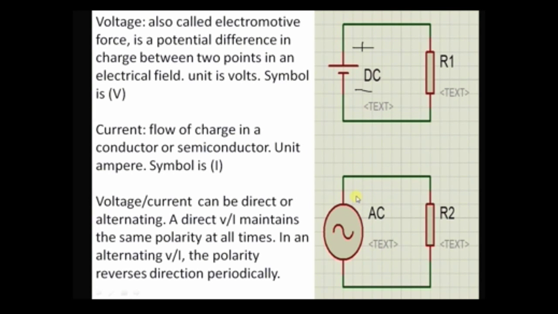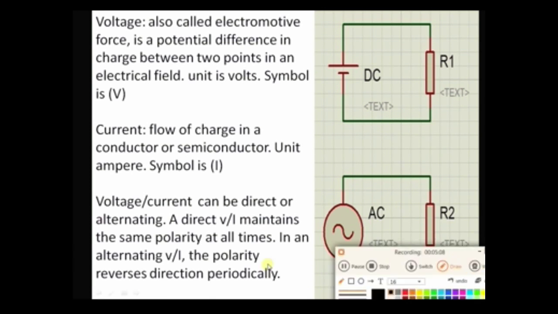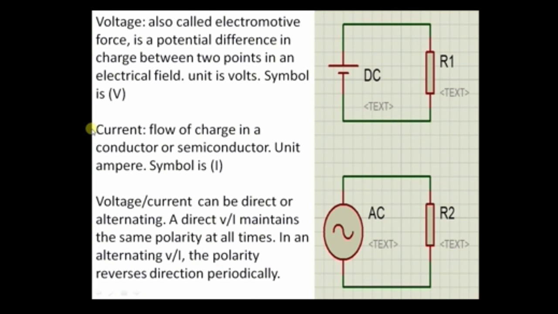If this terminal is positive in an AC circuit and this terminal is negative, after a half cycle of the period, this terminal will be negative and this terminal will be positive. That's why it is called alternating current. It means the polarity reverses at every alternating cycle. It was just a definition.